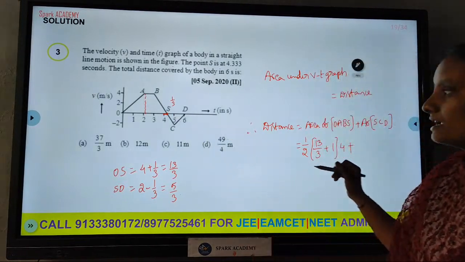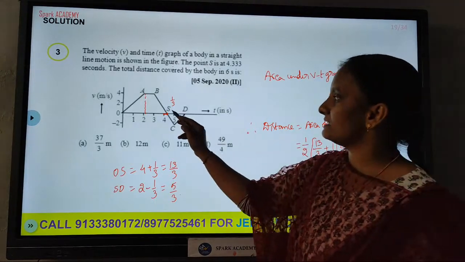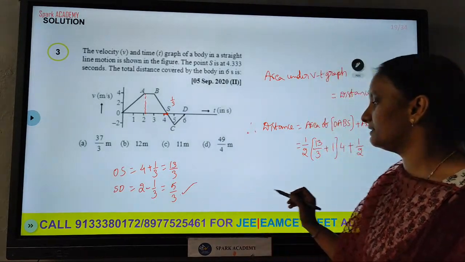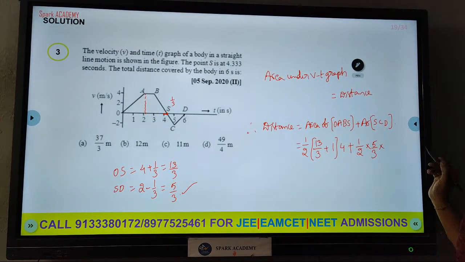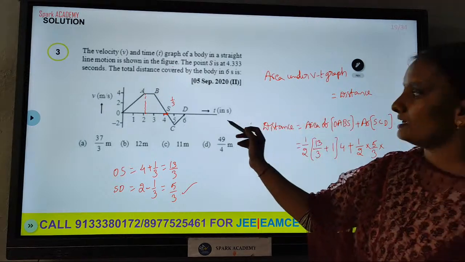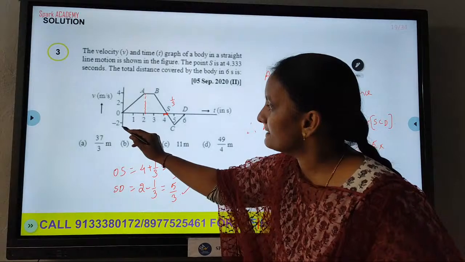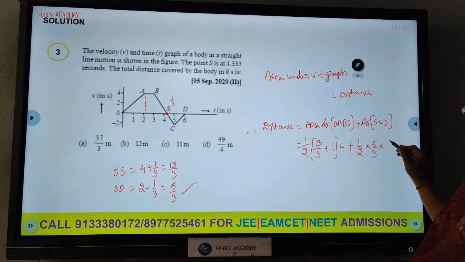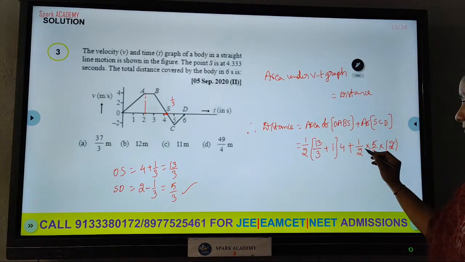It is like a triangular form, so half into base into height. Here the base is SD, which we calculated as 5 by 3. So half into 5 by 3 into, and what is the height? This one. As it is a distance, only the magnitude we are taking, so into 2. Here the 2 cancels.